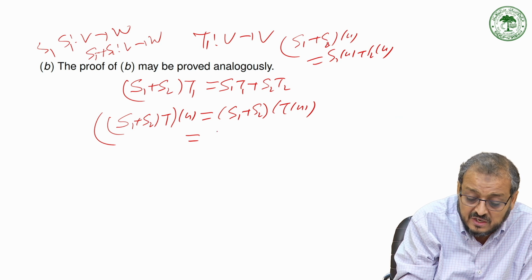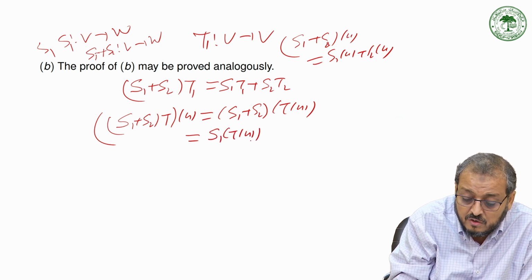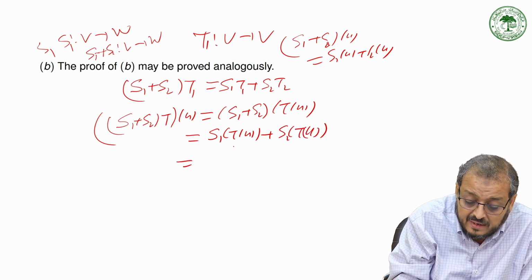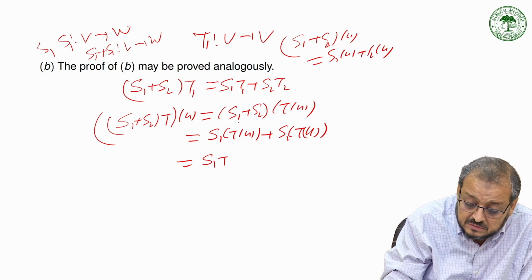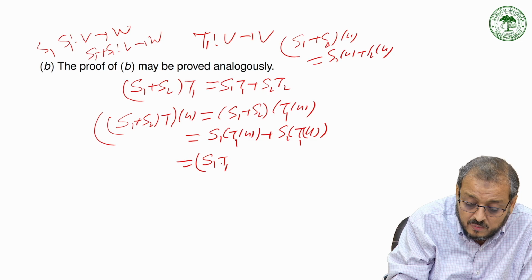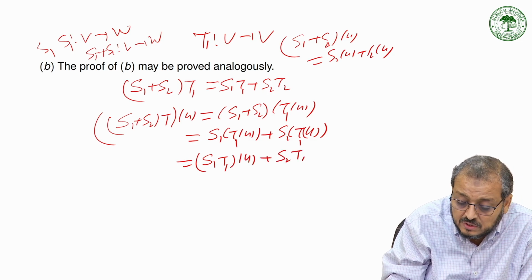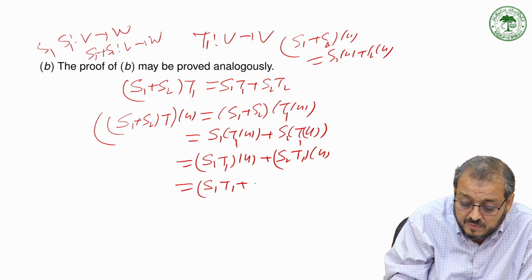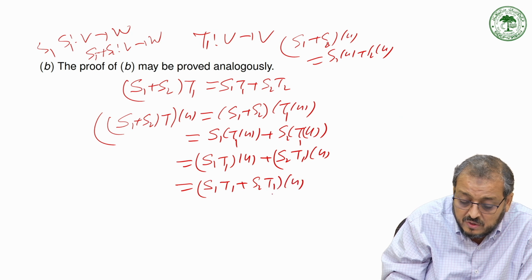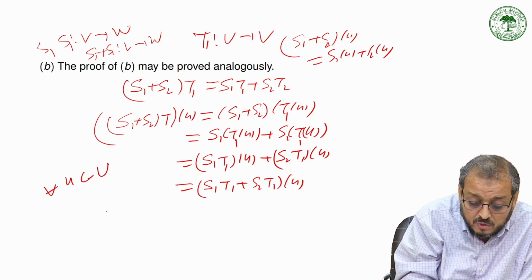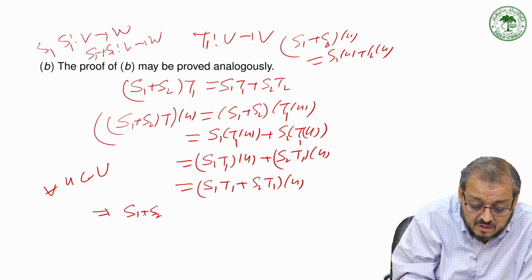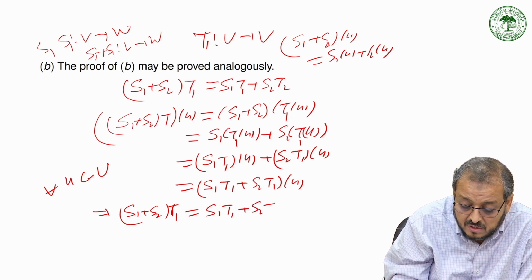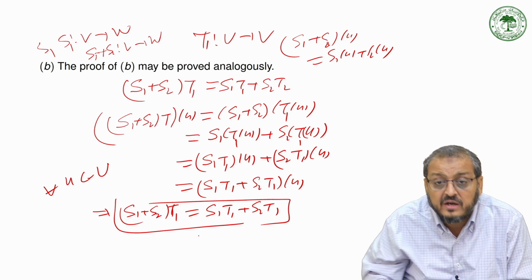So by this condition we can say that S1(T(u)) + S2(T(u)), and again by the composition map, (S1T)(u) + (S2T)(u), and again by the condition (S1T + S2T)(u). The result is true for all u belonging to U. This implies that (S1 + S2)T is the same as S1T + S2T.